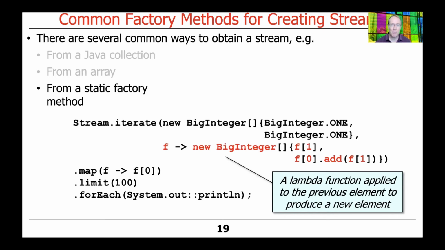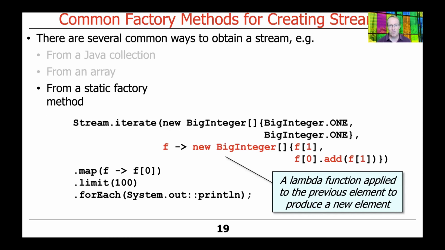And if you stop and think about it, that's basically how the Fibonacci sequence works. You take the previous number and you add it to the new number, or you create the new number by taking the first element and then adding it to the second one. So what will happen here is that this particular iterate call will generate an infinite stream of Fibonacci numbers that are stored in 2-element arrays.